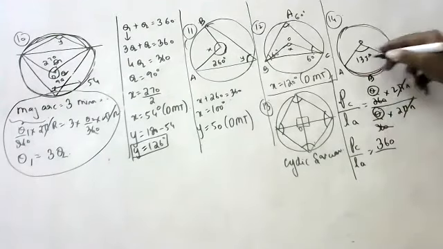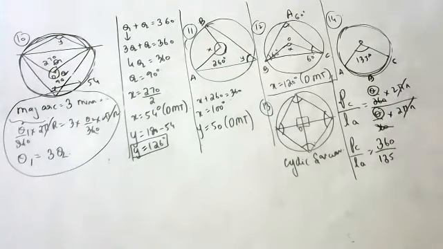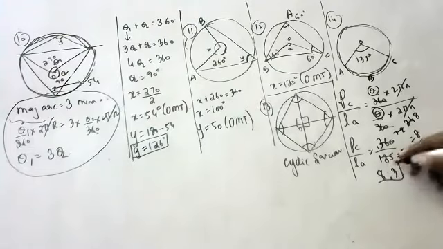And how much theta do they give? 135. Can you tell me the simplification? 135 by 360 is 3 by 8, so the ratio of the arc to circumference is 3 to 8.